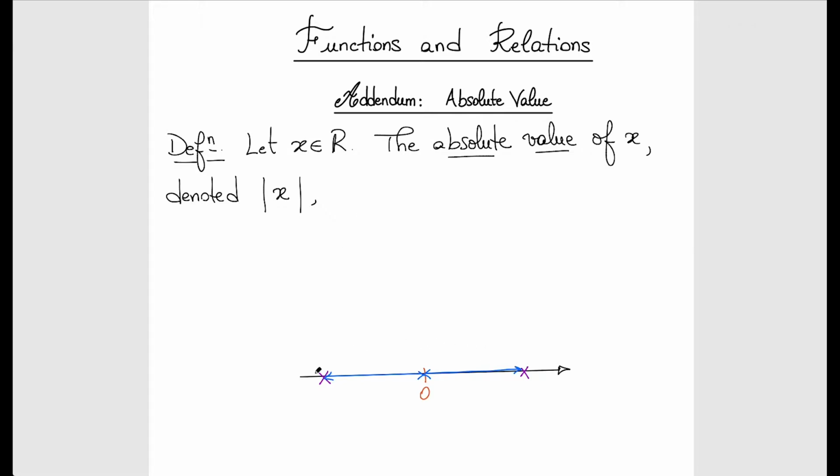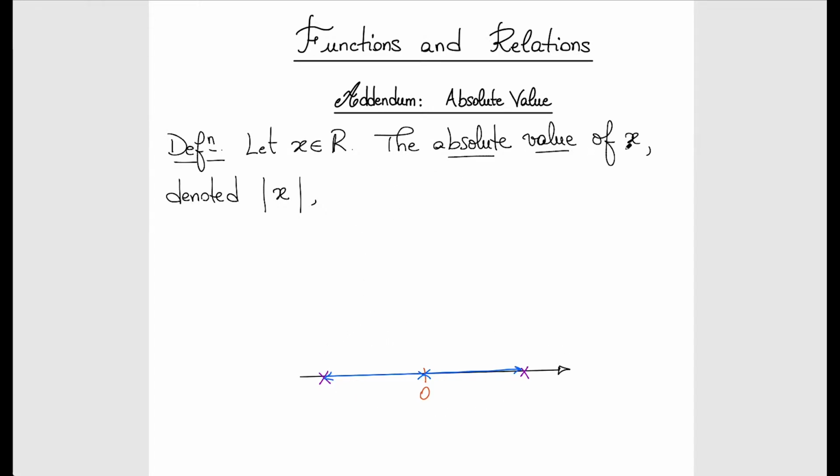Alright, so this definition that you've probably seen before is of geometric flavor. The way we're going to define it here is going to be more of an algebraic nature. So we're going to have an equivalent definition that's algebraic to this geometric definition.